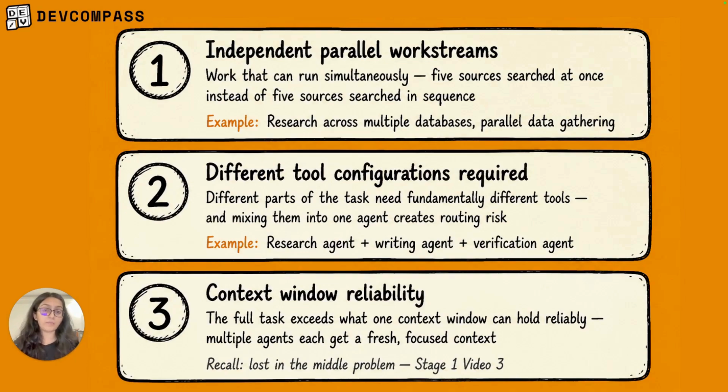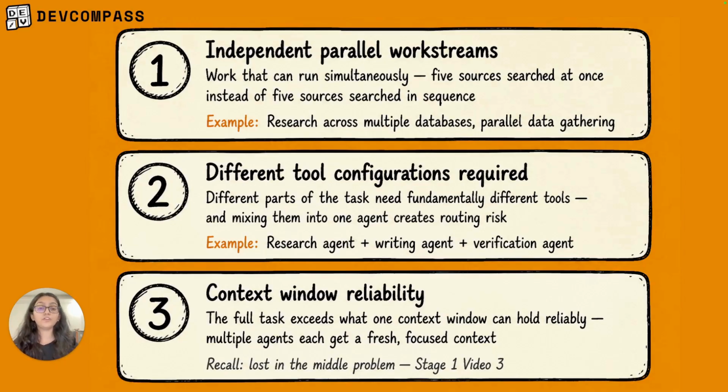That takes time and burns context with intermediate results. 5 sub-agents can search all 5 sources simultaneously, each in their own isolated context, and return results to a coordinator at the same time. The wall clock time for the task drops dramatically if your problem naturally breaks into independent parallel tracks. A single agent is leaving performance on the table, literally.